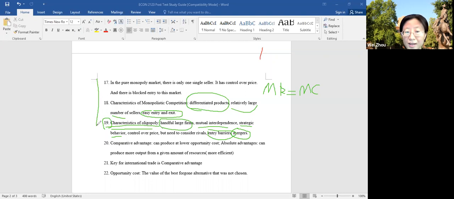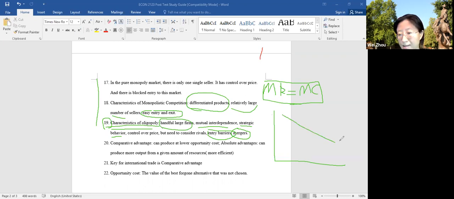You need to understand the characteristics, and for the first market model, you need to understand it because that is where you learn how to decide the price and the quantity. You use marginal revenue equal to marginal cost. For the pure monopoly and the monopolistic competition, the graph is similar. The only difference is that for pure monopoly, the demand curve will be steeper.